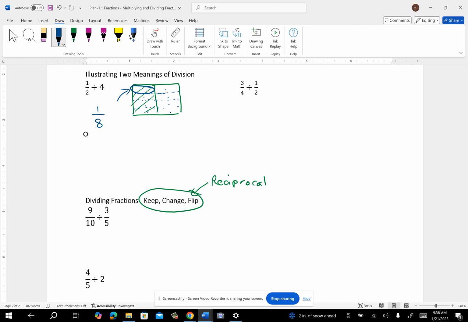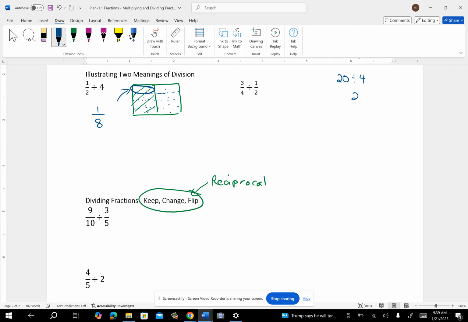The other meaning for division is just repeated subtraction. Like if I took that example of 20 again and I was thinking about a repeated subtraction model, then what 20 divided by 4 would mean is how many times could you subtract 4 from 20? In other words, how many 4s would there be in 20?